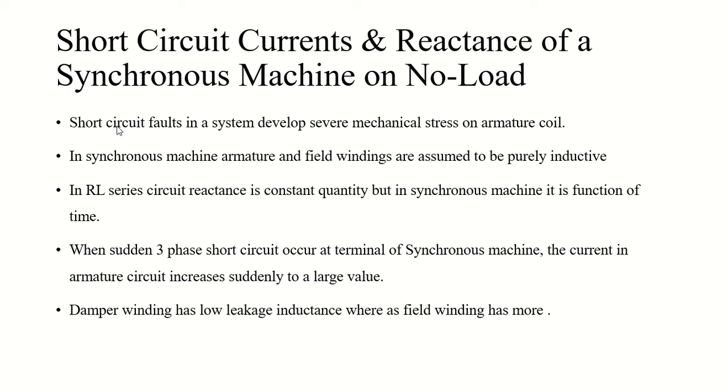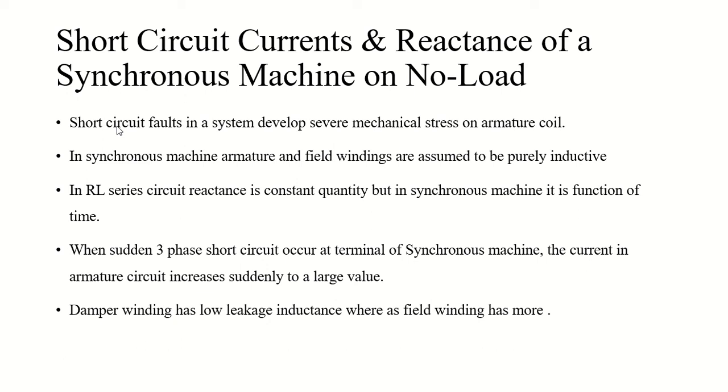So when suddenly a three phase short circuit occurs at the terminal of my synchronous machine, the current in the armature circuit will increase suddenly to a very large value. And because the resistance of the winding is very negligible compared to its reactance in the armature, the current is very highly lagging, and because of that, the power factor will become almost zero.